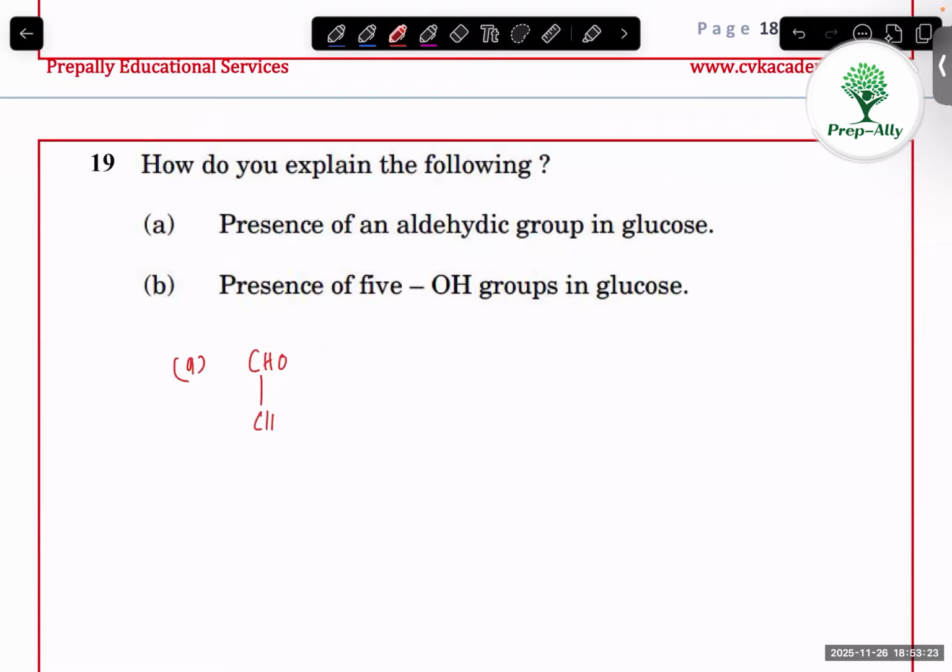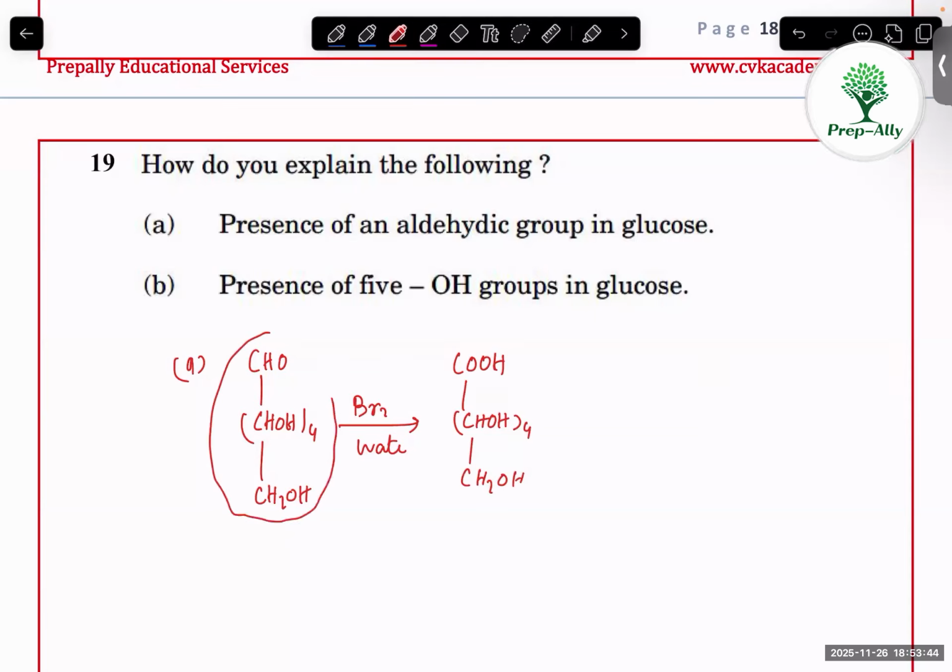CHO, CHOH four times, and CH2OH, which will react with bromine water. And what will form is gluconic acid, which will look like this. CH2OH.